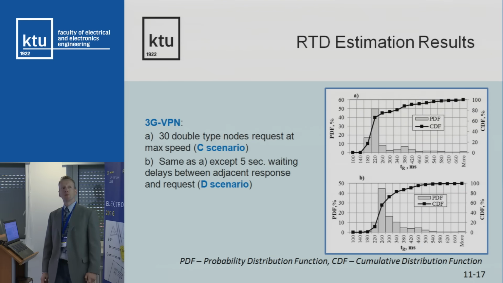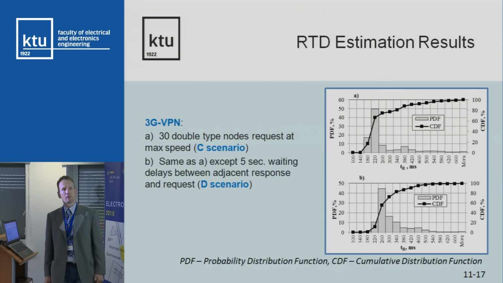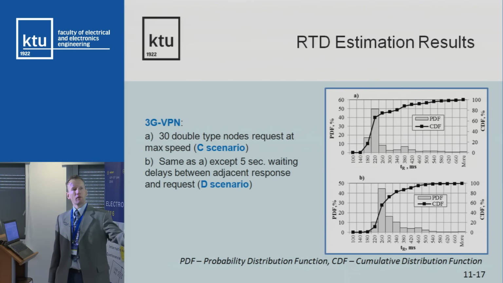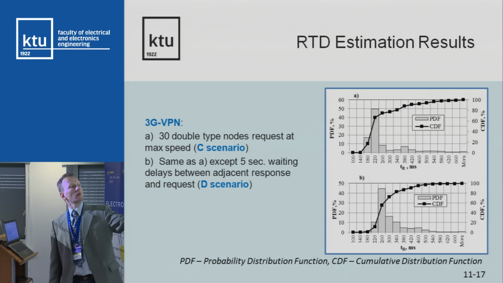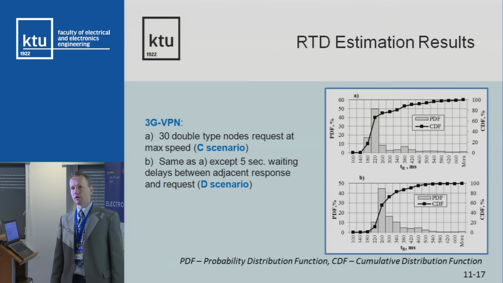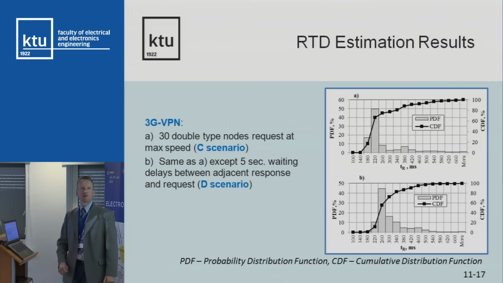This is the way our results look. More of them will be presented in a paper that will perhaps be published at the end of this year. There we have the round-trip delay, the probability distribution function and the cumulative distribution function, which present different aspects for the communication experts.